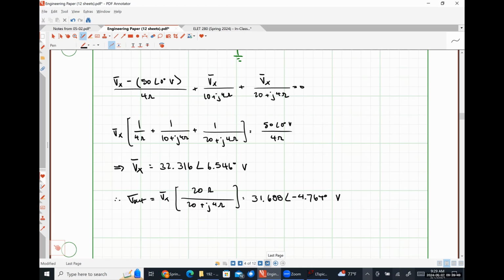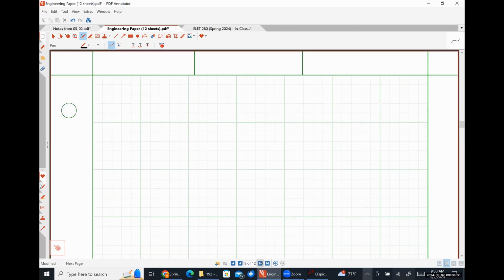I'm sure I'll give you a homework problem that's just going to force you to practice with the pi, but realistically, you're going to use the P most of the time because it's easier to deal with. And as it turns out, we're actually going to use the T equivalent circuit here in the energy derivation.